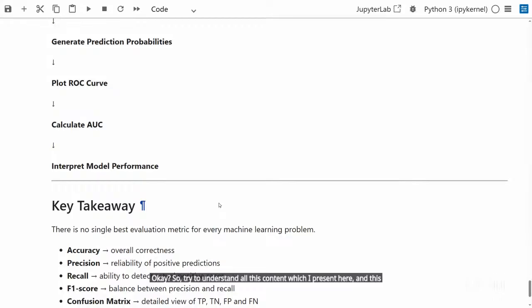Try to understand all this content which I present here. This is the most core part of machine learning. To develop the model is not a big task, but how accurate or validated your model is, that is the most important. So come with your preparation in the coming sessions.